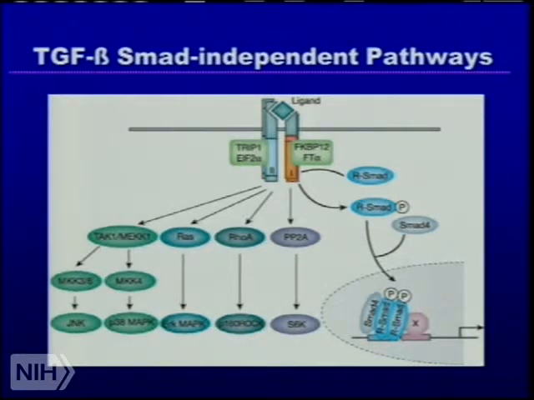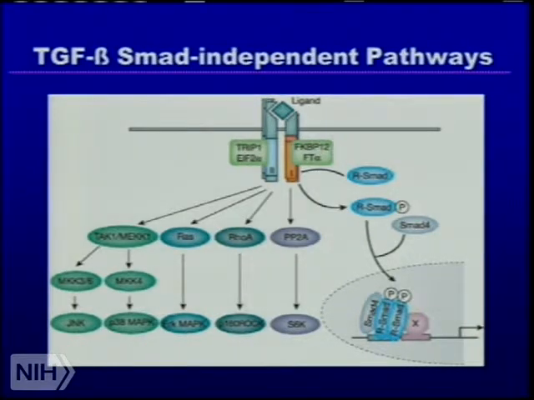There are also SMAD-independent pathways that exist for TGF-beta, and these include such pathways as the TAK1-MEK1-JNK pathway, the TAK1-MEK1-p38 MAP kinase pathway, the RAS-ERK MAP kinase pathway, the RhoA-ROCK pathway, and the PP2A-S6K pathway. So these are independent of the function of the SMAD proteins.